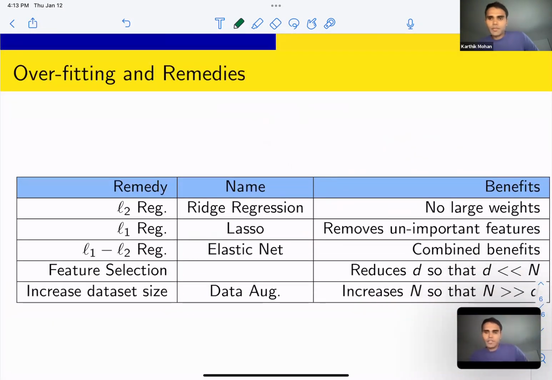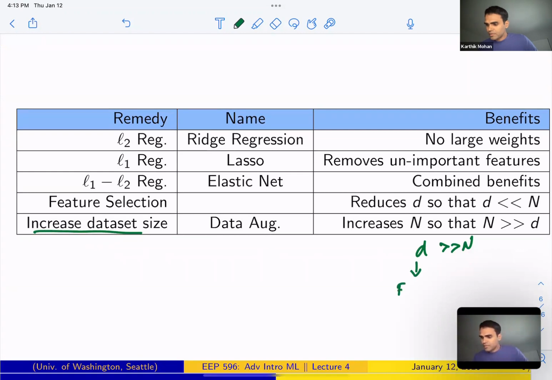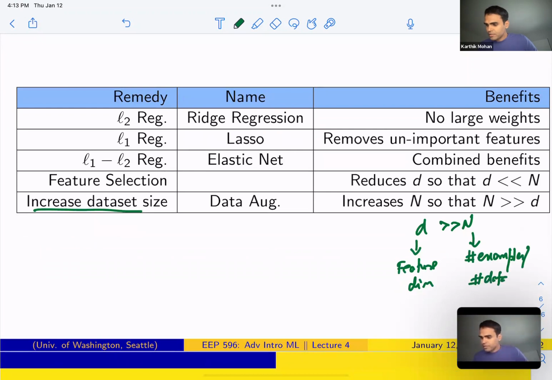We spoke a little bit about overfitting and remedies for overfitting, especially in classical machine learning. Let's start with the basics: increase data set size. I don't have enough data because I'm overfitting. I'm overfitting because the feature dimension is greater than the number of examples, the same as the number of data points.